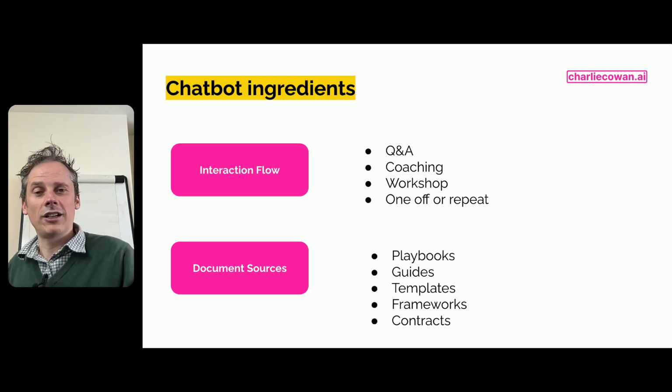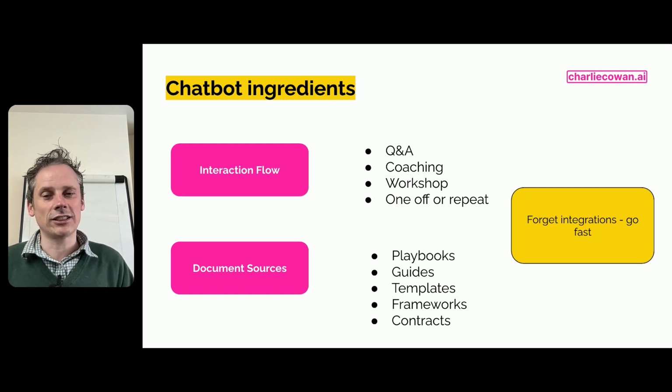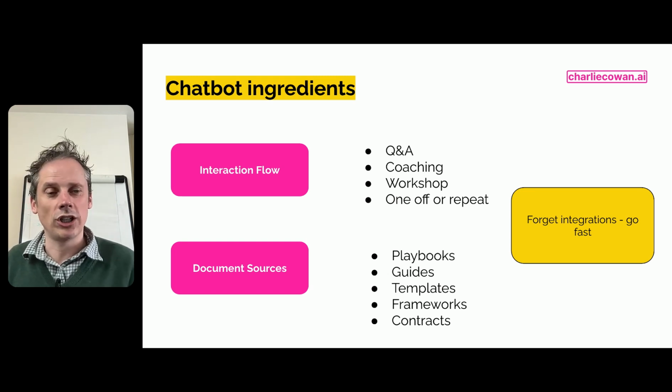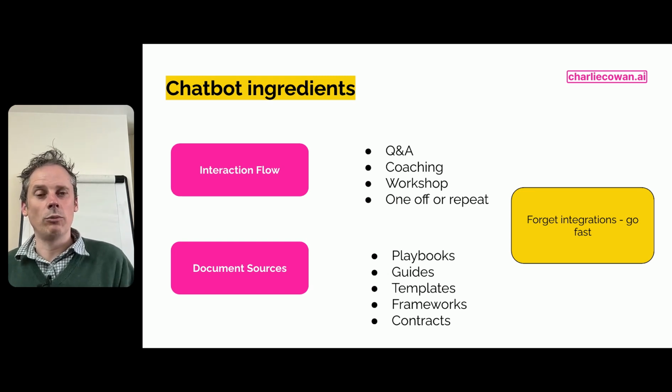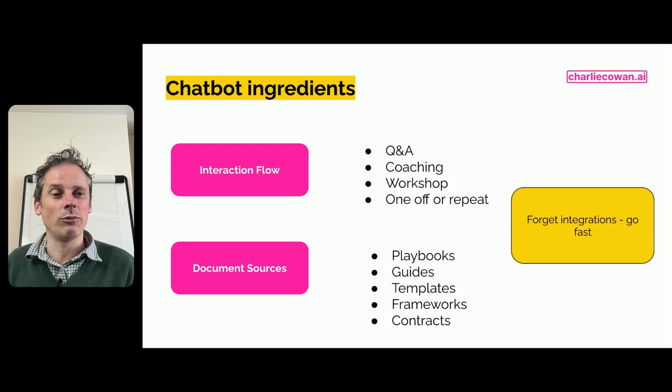The one thing I would encourage you right now not to think about is integrations. When we think about chatbots, everyone gravitates straight to, oh, a support chatbot. And a support chatbot needs access to all of our support systems, and that's going to need access to all of the customers' contract details, and their licensing and what they're paying.